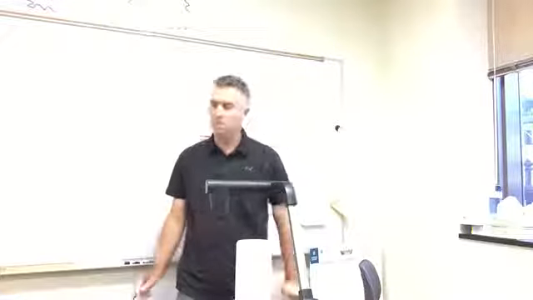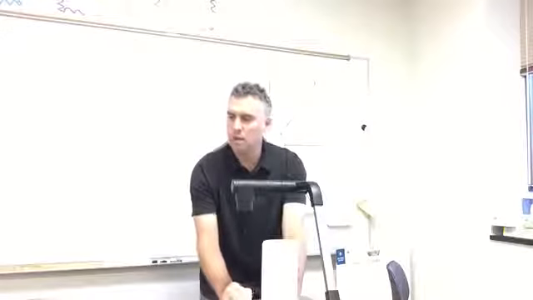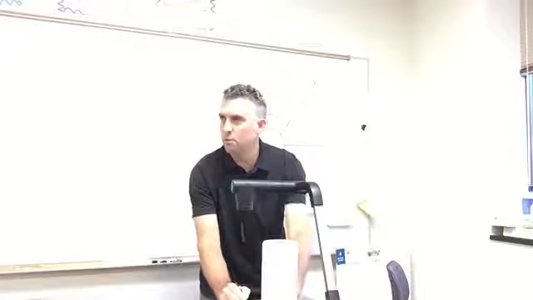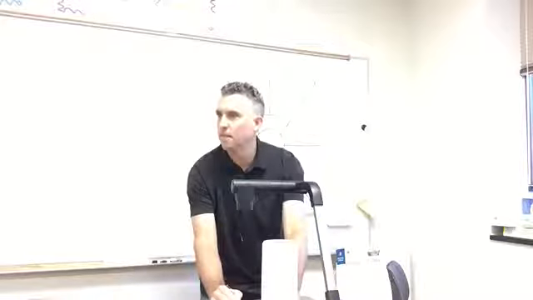So I did row 1 times column 1, and I got my upper left. Now I'm going to move down. Let's go to row 2. I'm going to do row 2 times column 1, then row 3 times column 1. Then I'll be done with my first column. Then I'll go over and do that second column, okay?